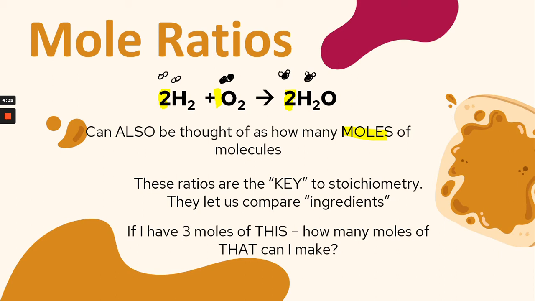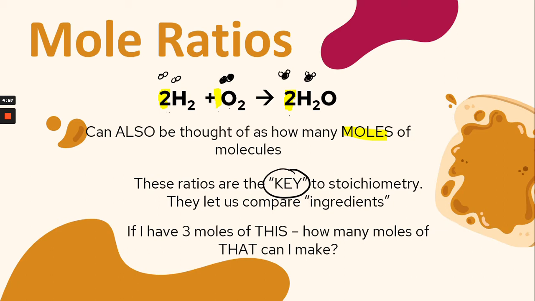Just like you could use how many slices of bread you have, how many spoons of peanut butter you have, how much jelly you have to figure out how many sandwiches you can make. So these mole ratios from the balanced equation, these are the magical key to stoichiometry because they let us compare all of the different compounds in our recipe, our balanced equation.